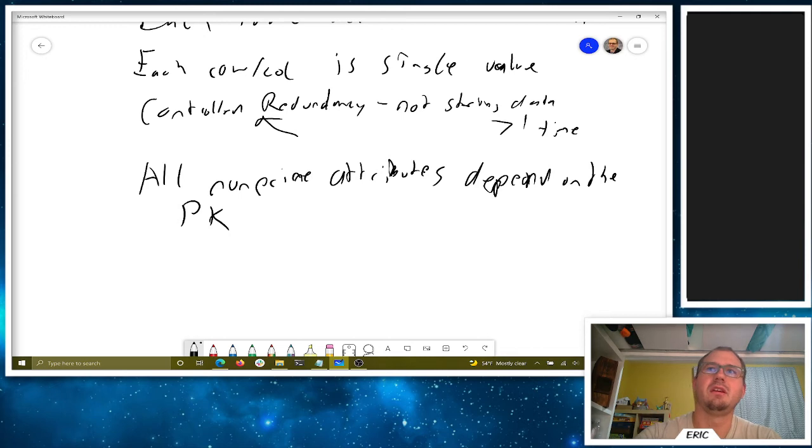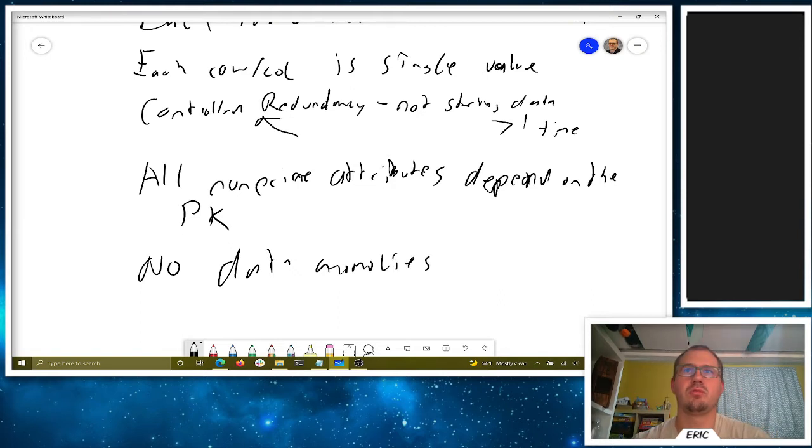And then the idea is that we don't allow for, or essentially we have no data anomalies. So no trouble, no integrity issues, no consistency issues. We're making sure that we're storing data that relates to other data, so we can't delete something that we're relating to with the foreign key.